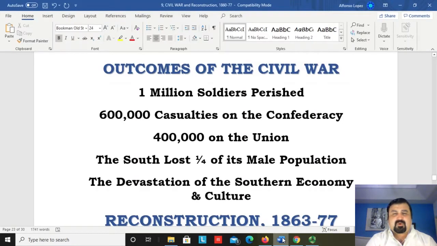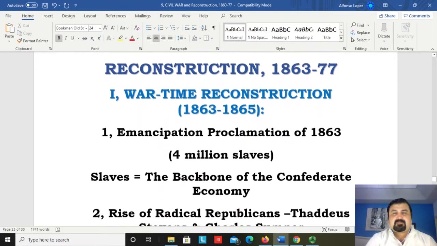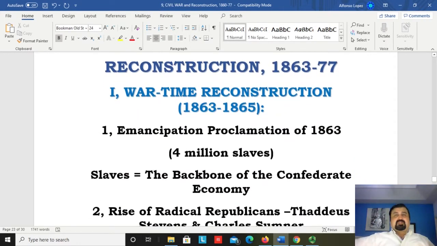So let's move forward. Now let's look at Reconstruction, from 1863 to 1877. The year 1863 is really in the middle of the Civil War. So the question is, why is it that Reconstruction began before the official ending of the war in 1865? And it ended in 1877, by the way.